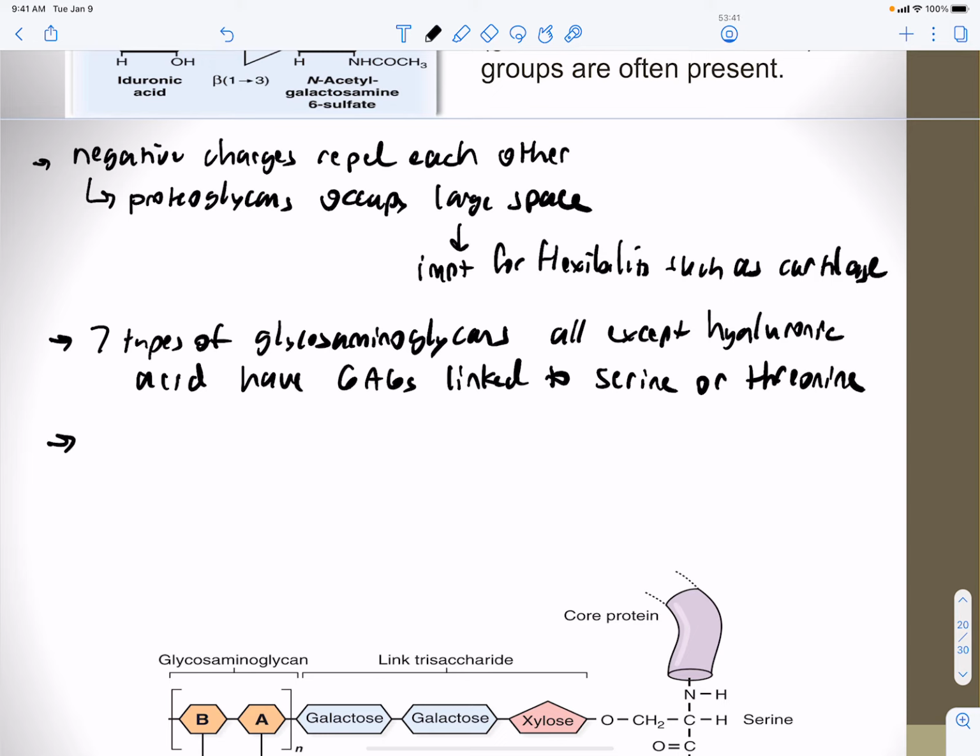Now for hyaluronic acid, this is what is going to give the ability of tissues to resist compression by providing turgor force or swelling force.